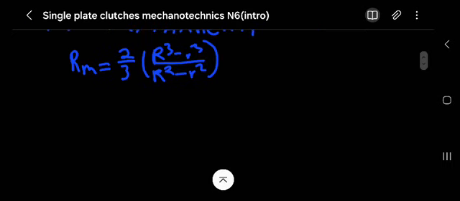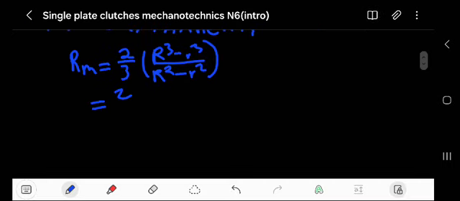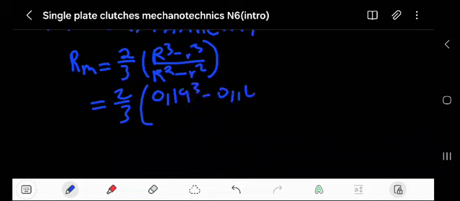Then let us substitute our values. 2 over 3 into big R, we know that is 0.19 cubed minus 0.14 cubed, all over 0.19 squared.